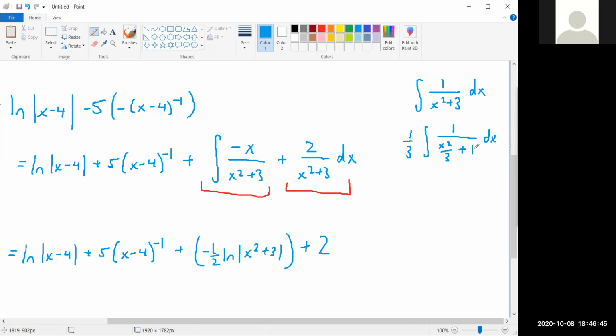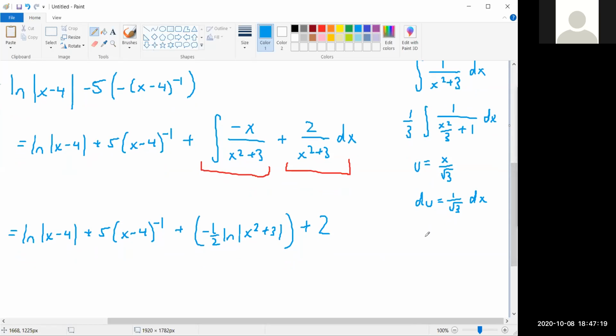All right, so we made it a 1, but now the issue is this is not u squared. So we need to do a substitution. If you were to let u equal x over square root of 3, I think that would work. Yeah, so then du is 1 over square root of 3 dx.